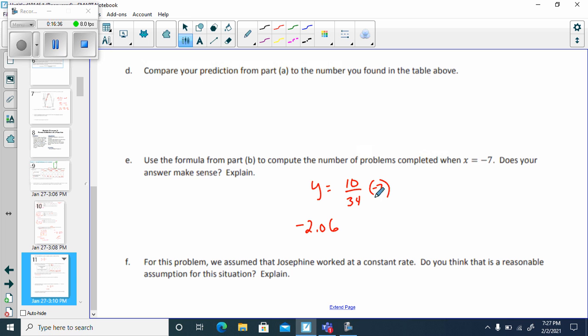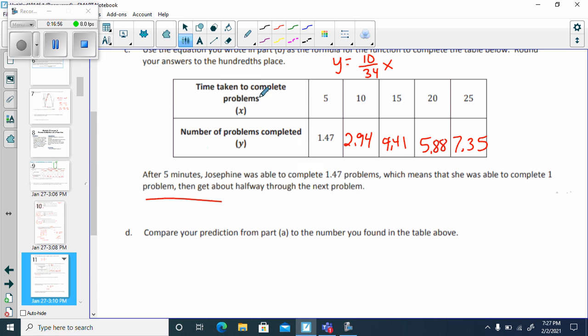So does it make sense to have -7 minutes or -2.06 problems? No, it doesn't. There is no such thing as -7 minutes. So although you can do the math, it doesn't make sense in this context. So you always have to remember what you're actually calculating. If x is -7 and x stands for time in minutes, then that doesn't make sense. Okay?